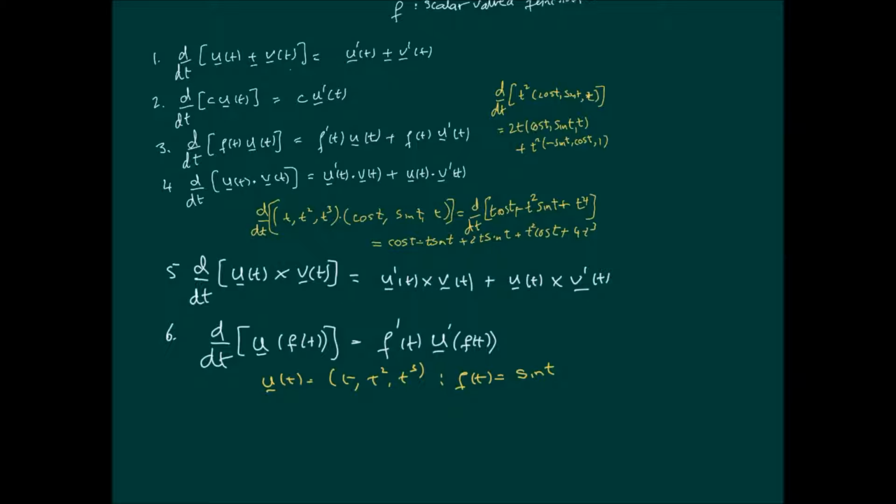So it means that u of f of t is in fact going to be sine t, sine squared t, and sine cubed t.